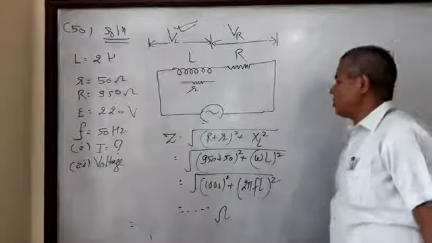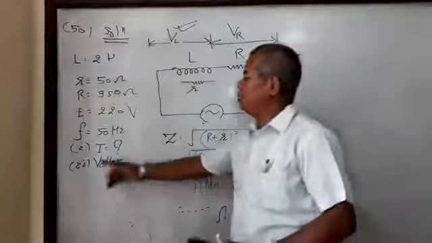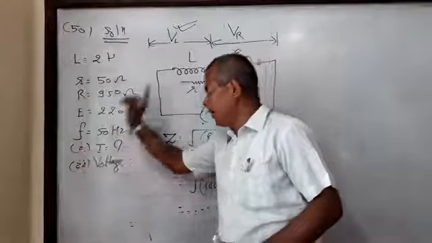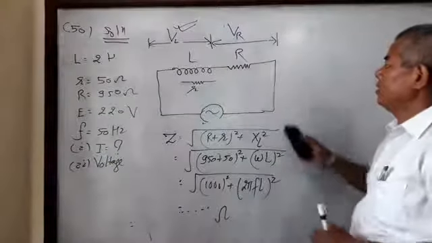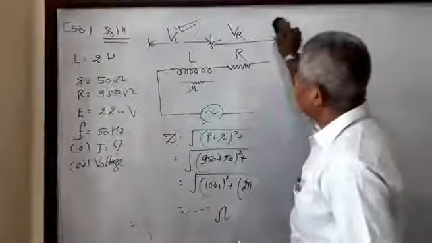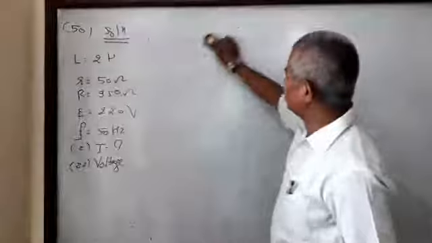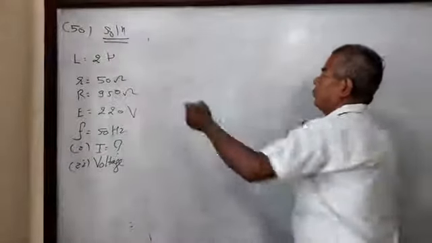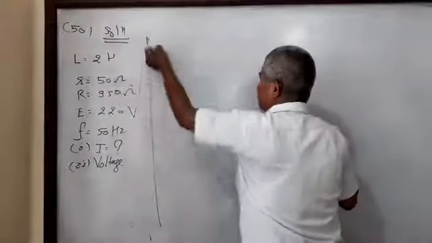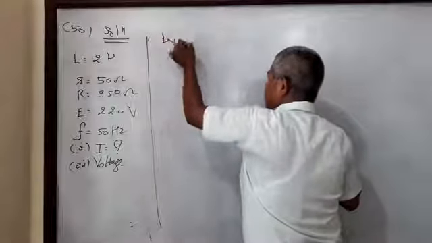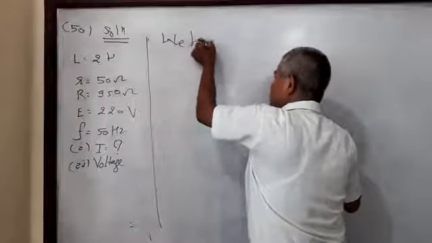Once we have Z, the first part is to find the current. According to Ohm's law, V is equal to IR.